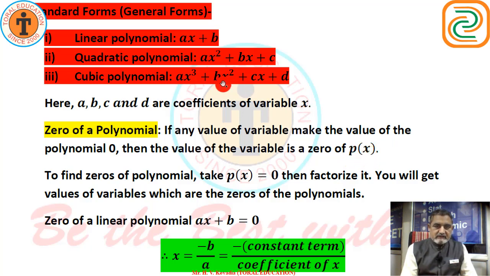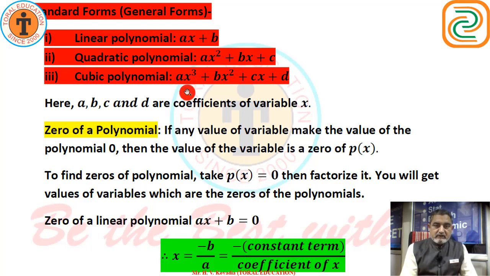Here x is the variable, so we have written p of x, polynomial in x. If any value of x makes the value of the polynomial 0, then that value of x is known as a zero of the polynomial. Okay? To find zeros of a polynomial, take p of x equals 0.